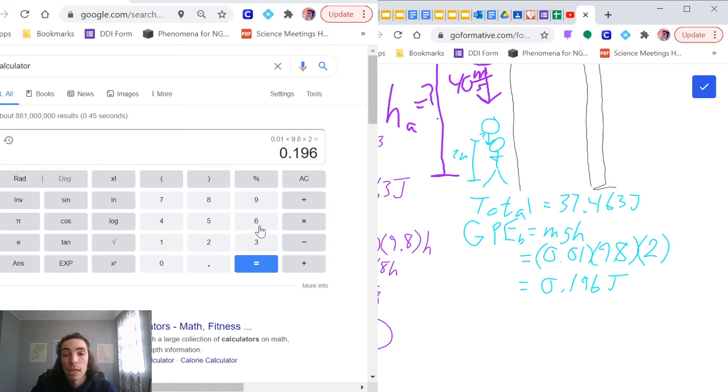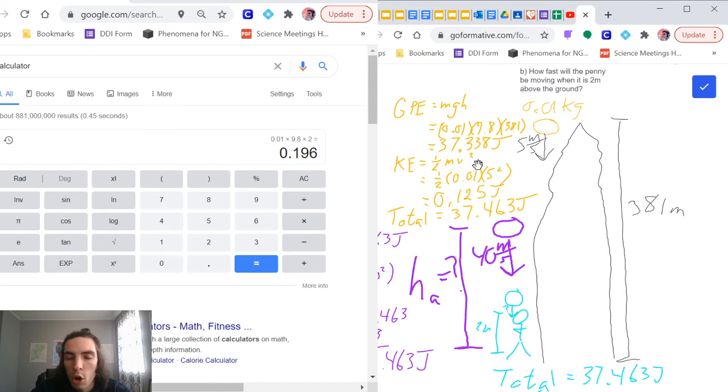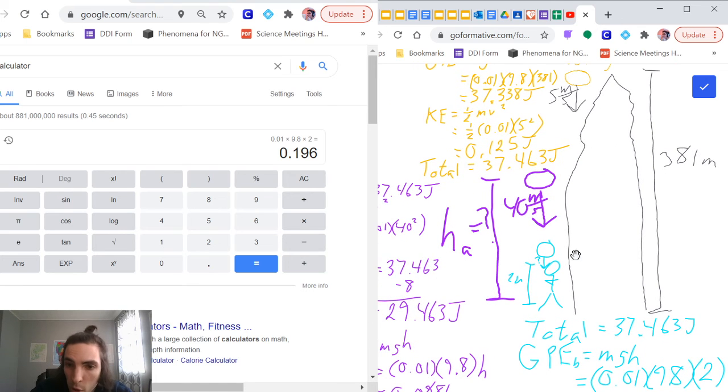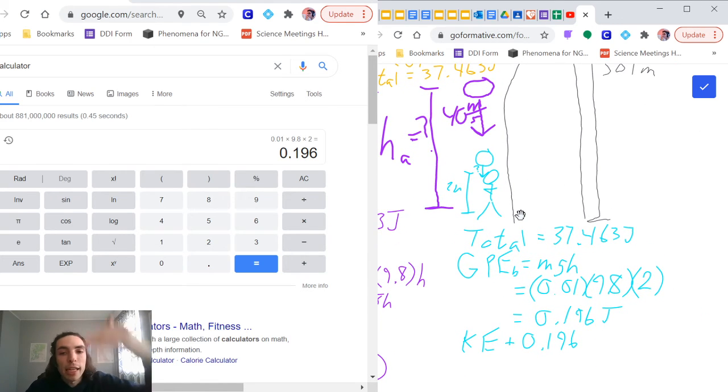Okay, not a lot of potential energy down there. Now what we know still is that this potential energy plus whatever that kinetic energy is needs to give us that total energy of 37.463 that we found initially in the orange part up here at those initial conditions, at the part A in purple, as well as part B, and at any other part of this.